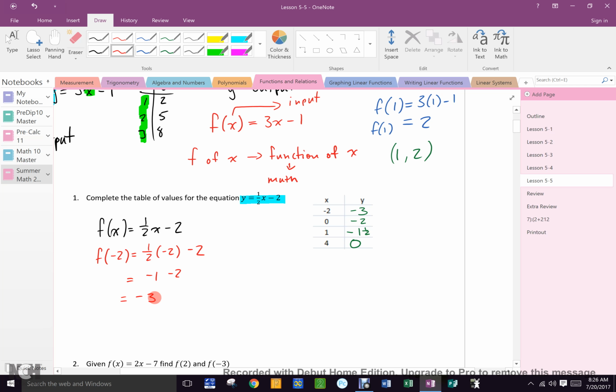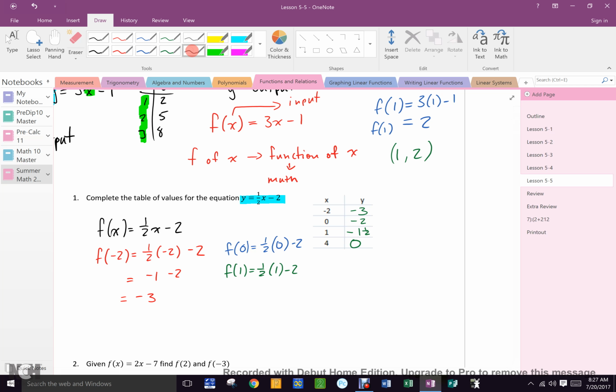Everybody good? Okay. What would the next one be? f of what? 0. And it would be 1/2, 0 minus 2. What would the next one be? f(1) equals 1/2, 1 minus 2.